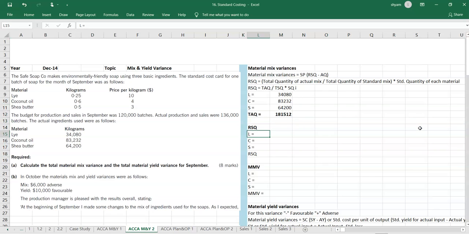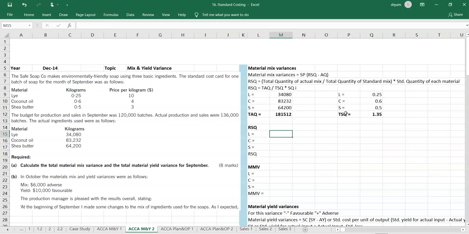We got our TAQ. Now we have to get our TSQ, the total standard quantity. TSQ is 0.25, 0.6 and 0.5, so that comes to 1.35.